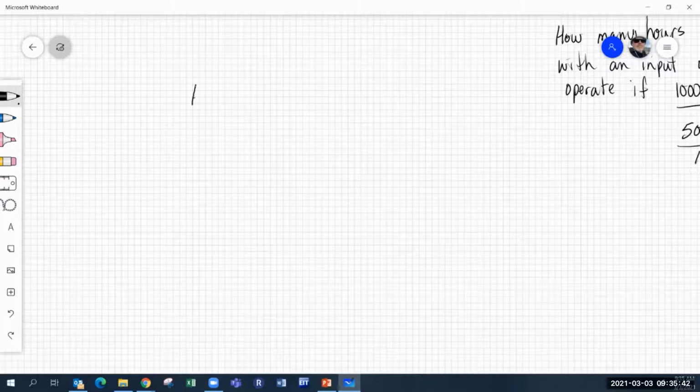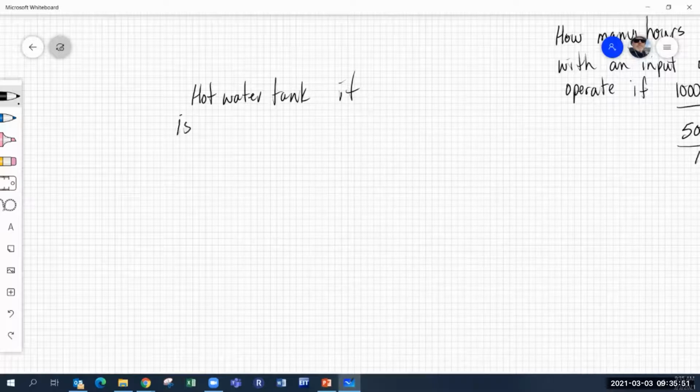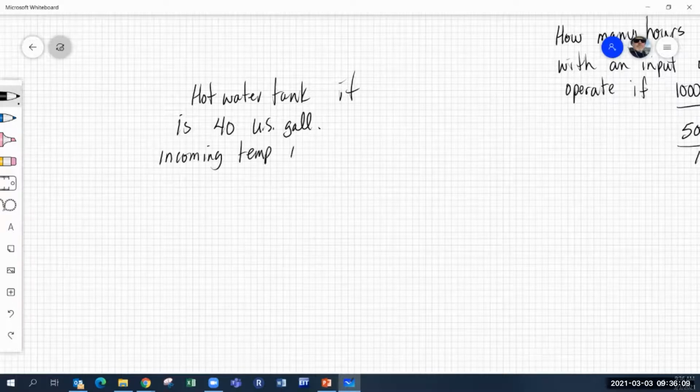So I got a hot tank, hot water tank. It is 40 US gallons. And the incoming temperature of that water is 48 degrees Fahrenheit.